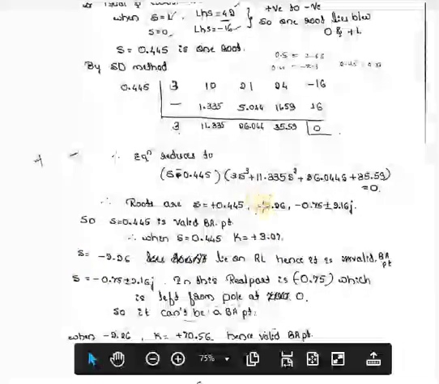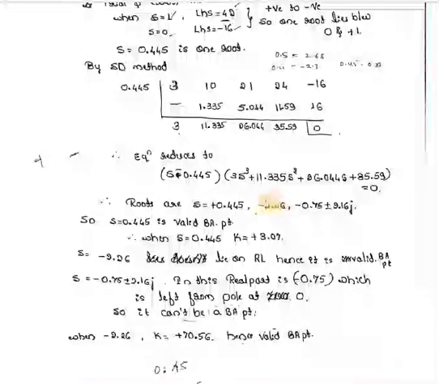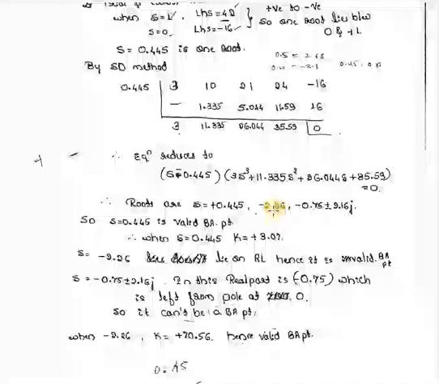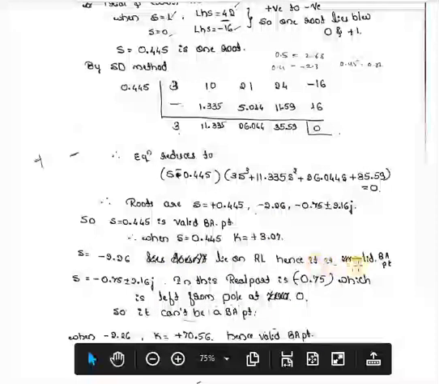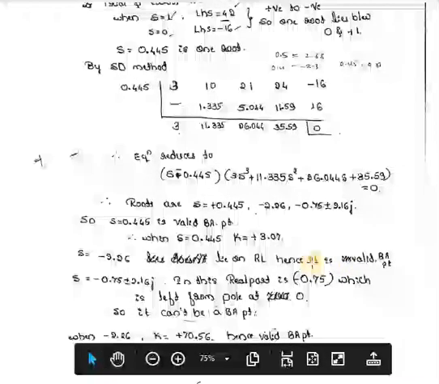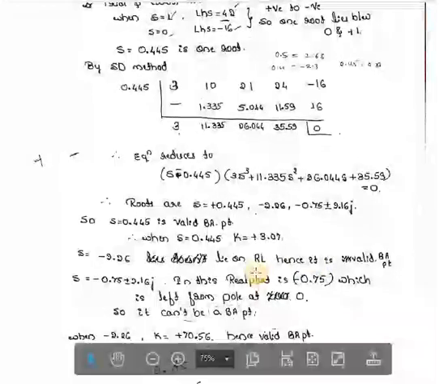And if you take the second root, that is s equal to minus 2.26, which lies on RL, so it is a valid breakaway point. Otherwise, you can substitute in the k equation, and if we get it as positive, we can take that one as the valid breakaway point.